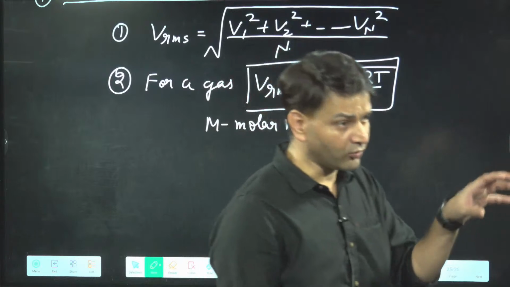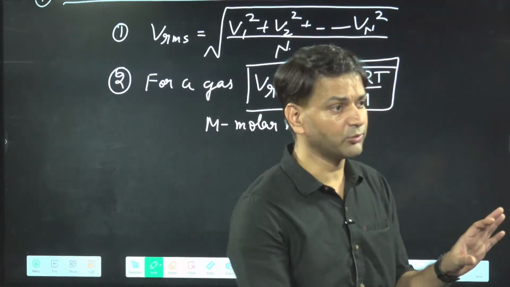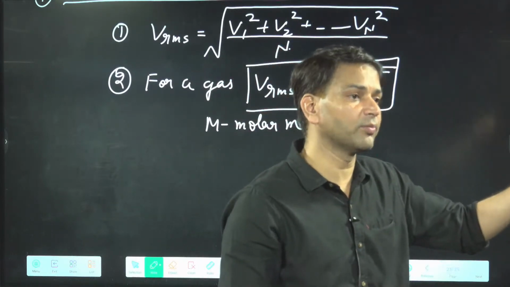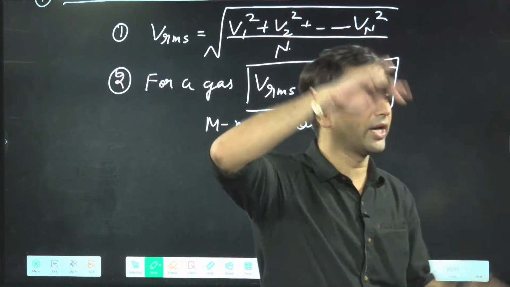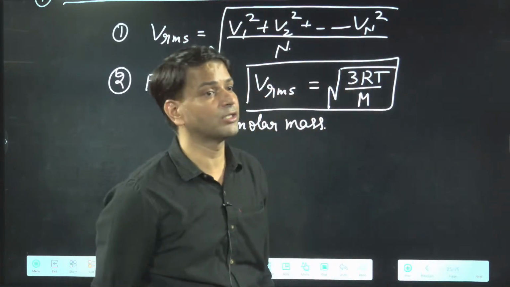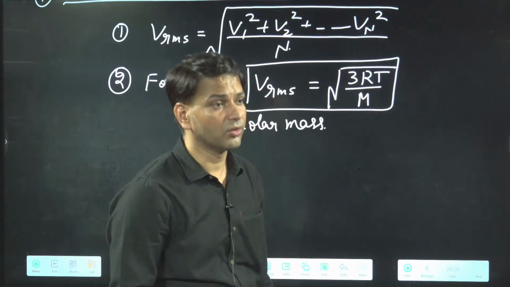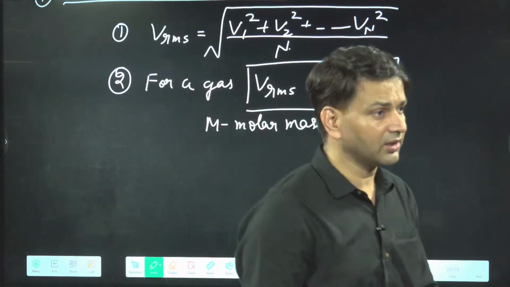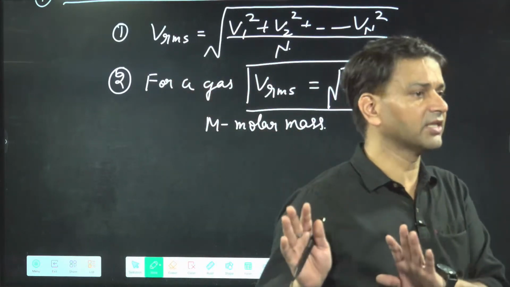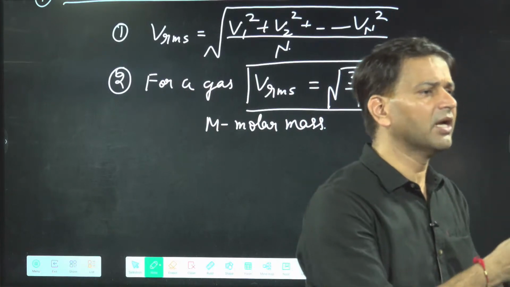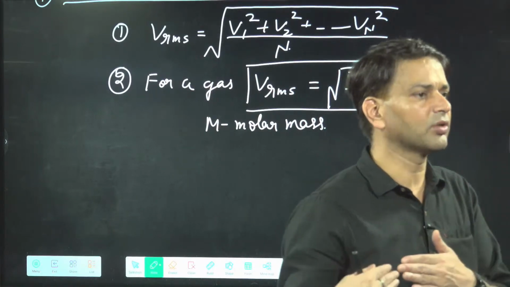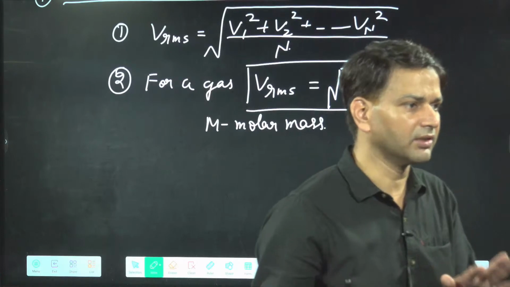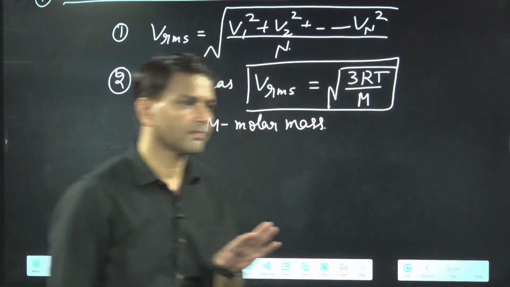If I am using CGS, what R value will you put? Then you have to know the joule and CGS relation: 1 joule is 10 to the power 7 erg. So we will not go through CGS. If the options are in CGS, first we will calculate in MKS, and meter per second can easily be converted into centimeter per second. Understood or not?